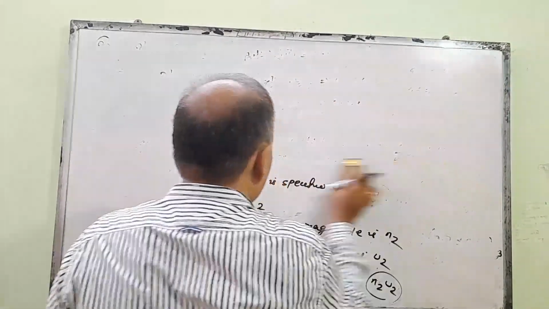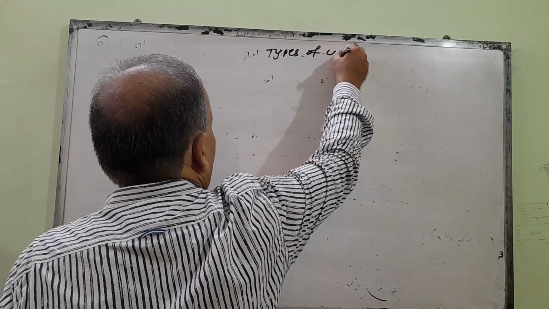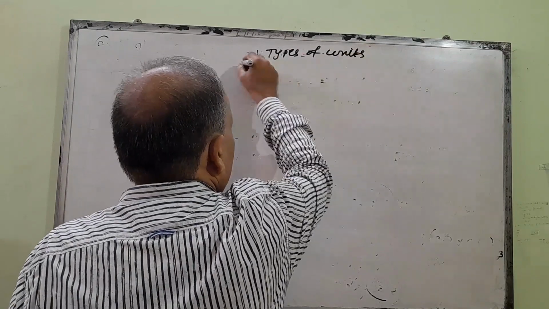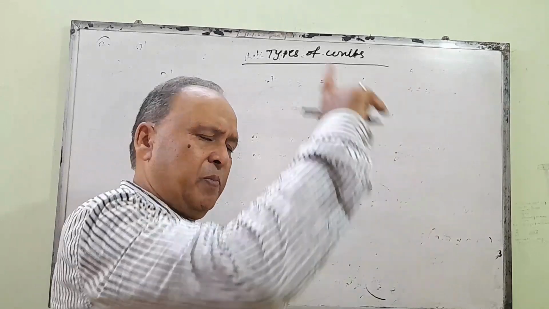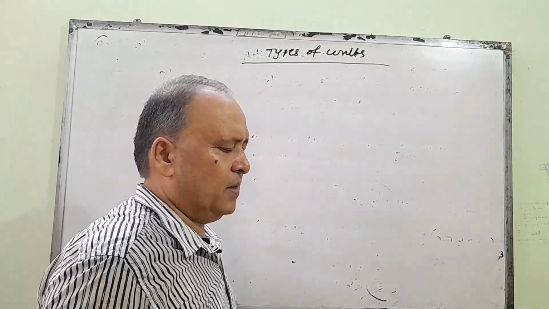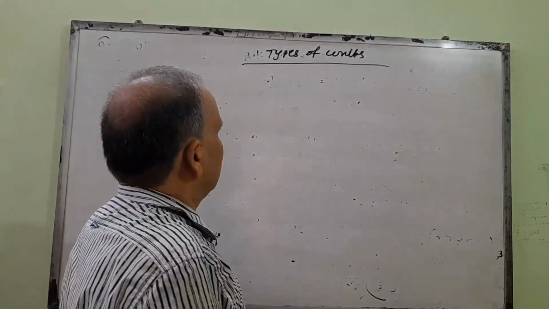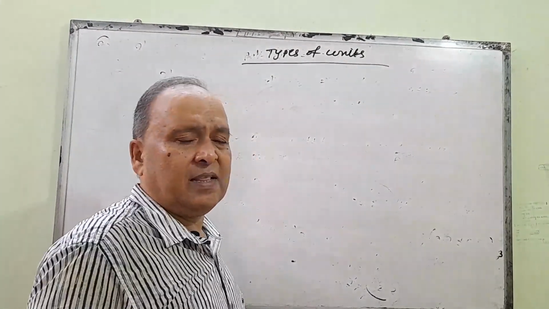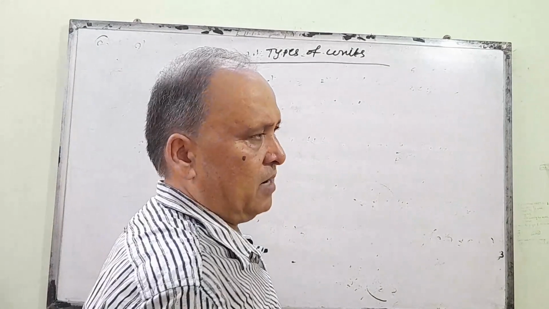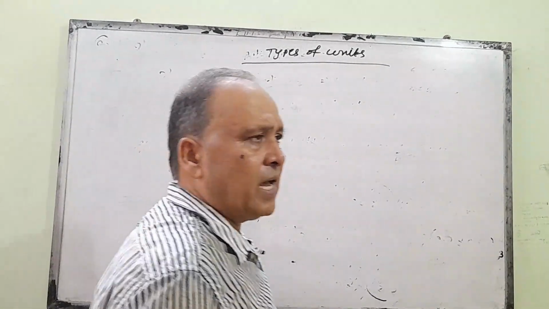Next you come to types of unit. You see, we know there are two types of physical quantity. You go to previous very fast case. We know one is fundamental physical quantity, another is derived physical quantity. What are fundamental physical quantities?